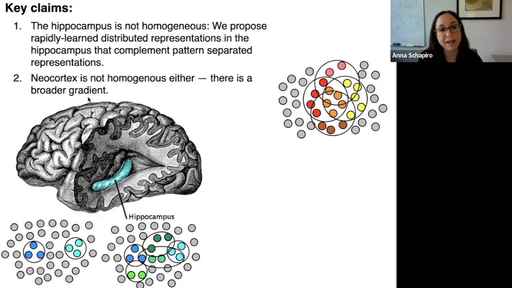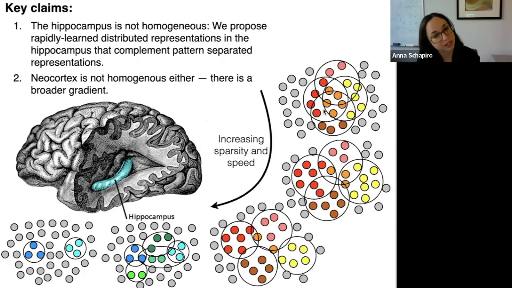And then the neocortex is not homogeneous either, of course. We're going to propose a broader gradient here, where it's not just hippocampus versus cortex, but actually a gradient of areas running from early sensory areas up into the hippocampus of increasing sparsity and increasing plasticity as you go.